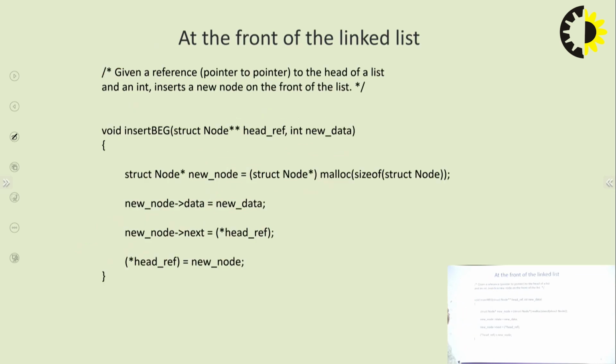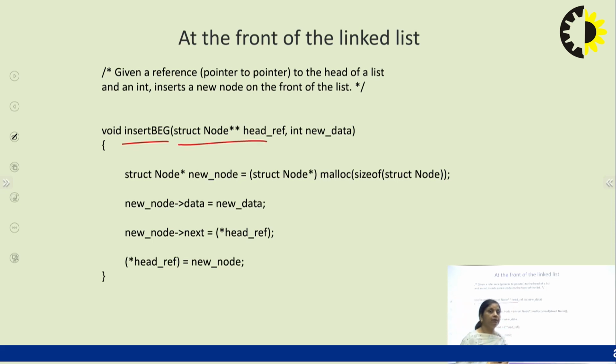So now let us go through this. My function is insert at beginning. I'm changing the node. Which node? The head node. It means to reflect the changes, I need the reference to the head node. This is my reference to the head node. This is the new data that I want to put in the linked list. Firstly, a new node has been created.